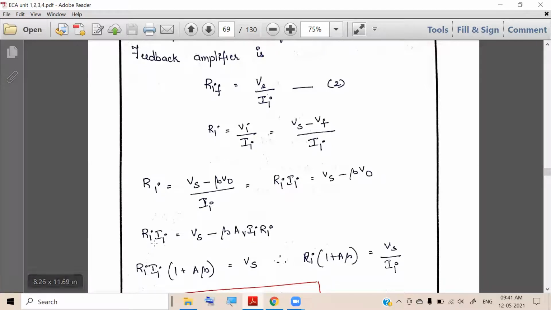So R_i I_i plus beta A_V R_i I_i. So I_i R_i, if we take common, here 1, then A_V beta, so 1 plus A_V beta, then here V_s.